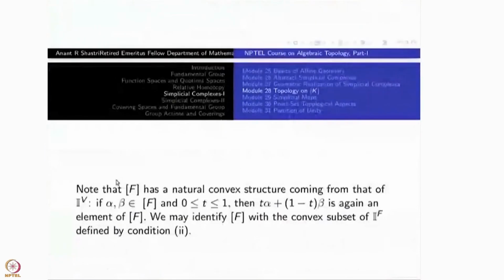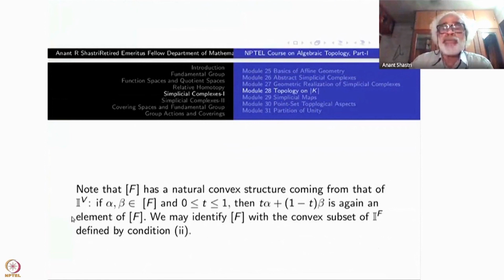Note that the closed simplex F has a natural convex structure coming from that of I raised to V. I raised to V is a cube, I cross I, which is a convex set. So the same structure is there inside mod F, and the closed simplex F itself is a convex subset.